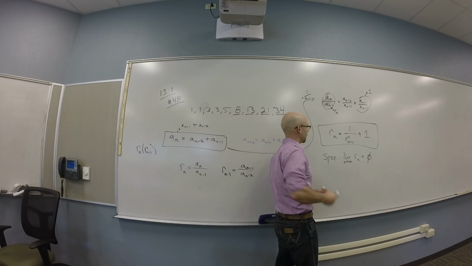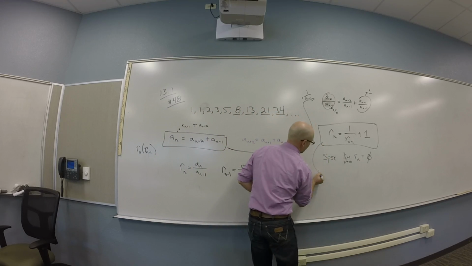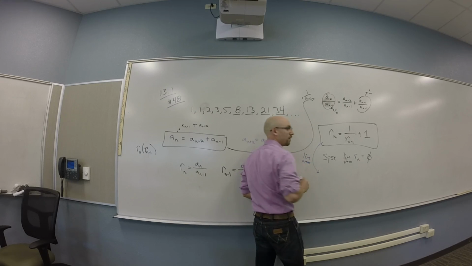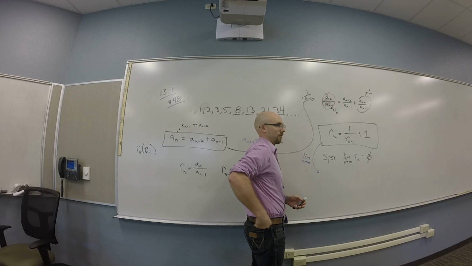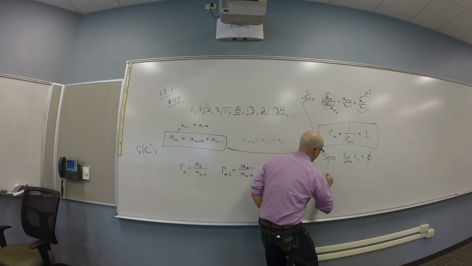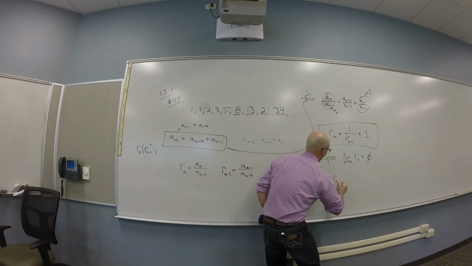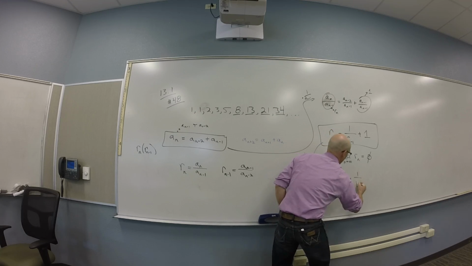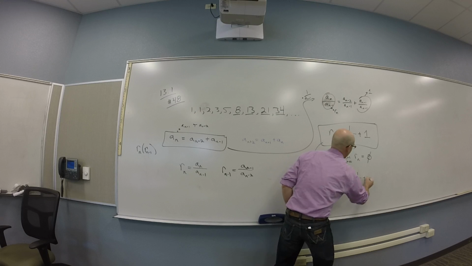So I'm just going to take this guy and apply the limit as n tends to infinity to both sides. You see that? So I'm going to get the limit as n tends to infinity of R_n is the limit as n tends to infinity of 1 over R_(n-1) plus 1.